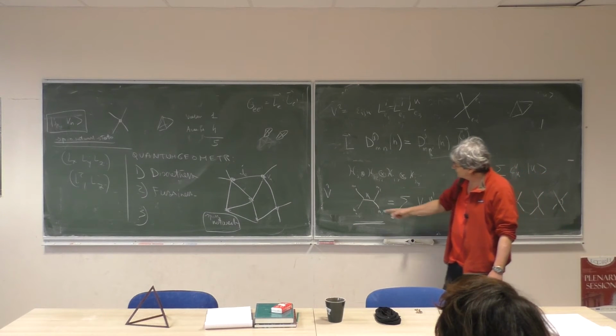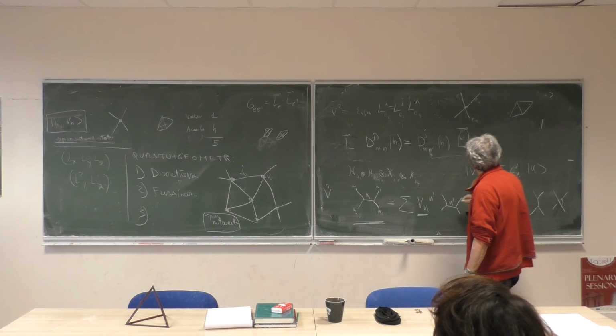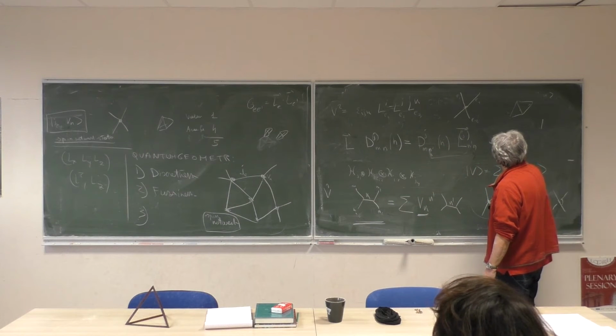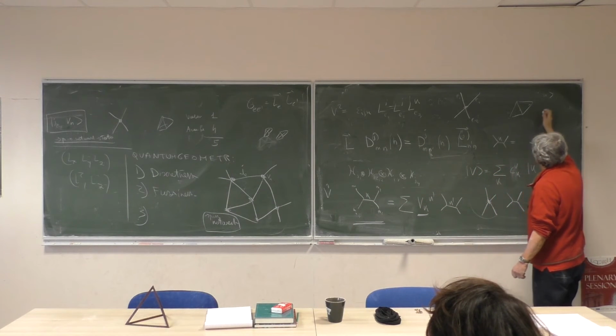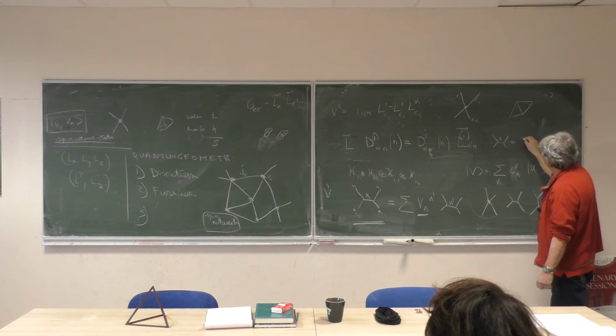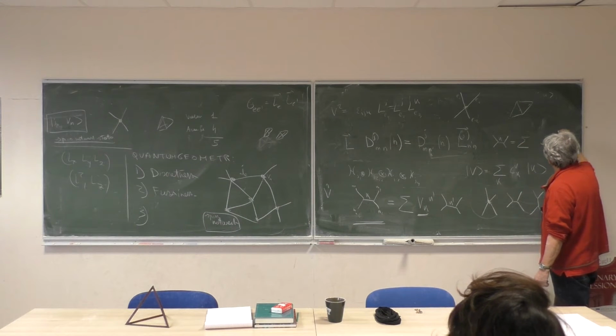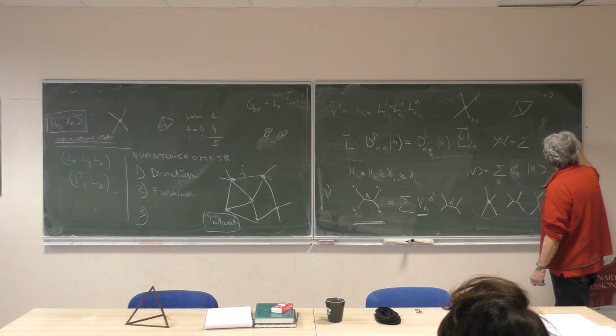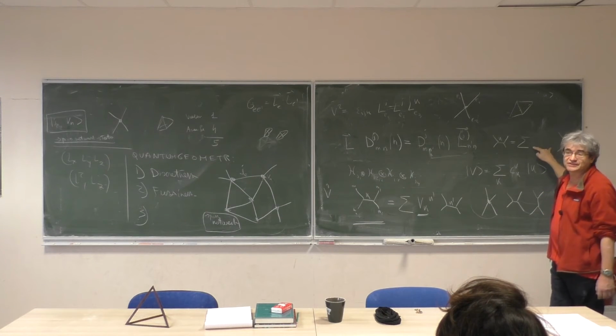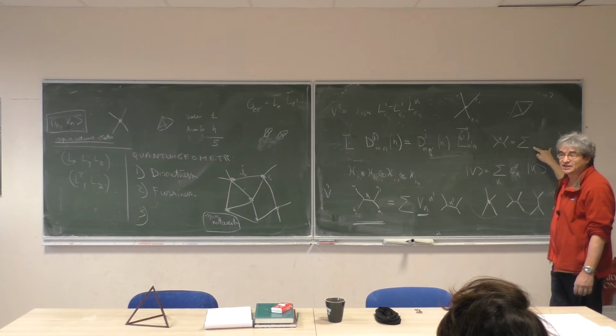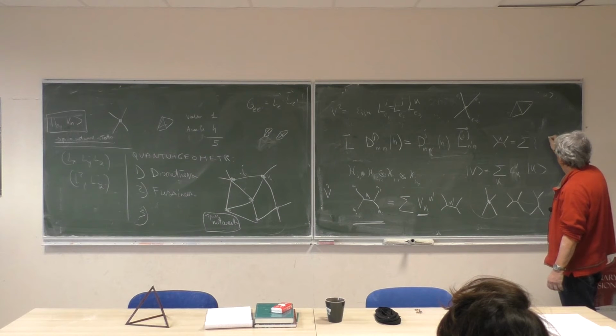But there is a simple relation between these. This is a linear combination with some coefficients, and say this L, and the linear coefficients here. This is standard SU2 representation theory, called the 6J symbol.